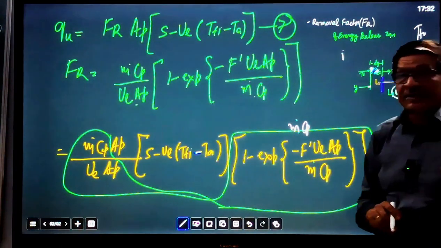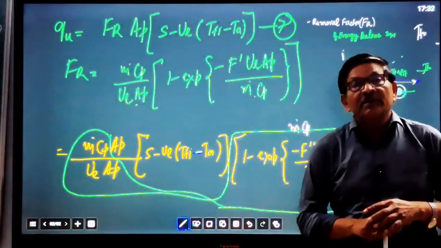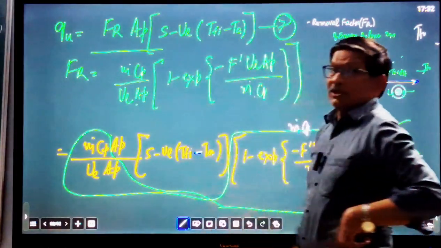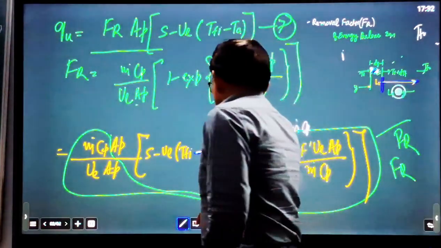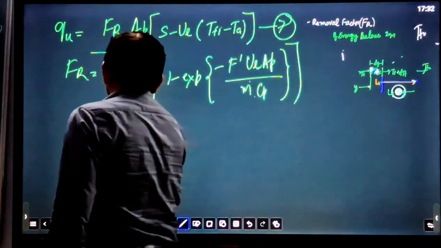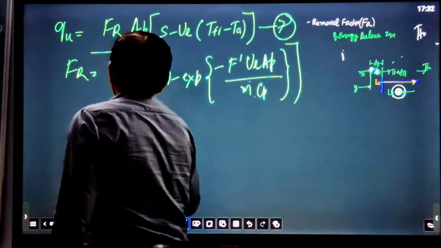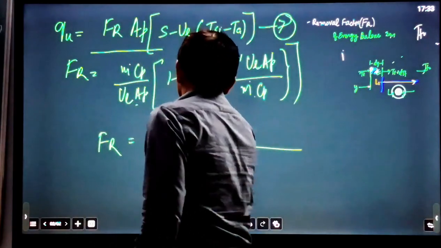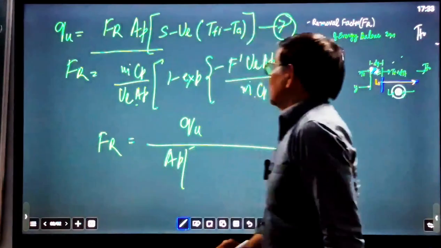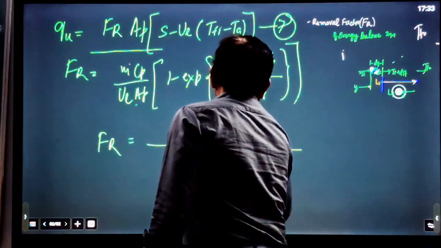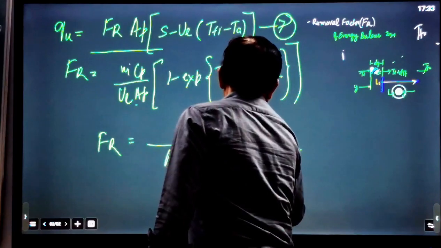But what is the physical significance of the collector heat removal factor? Using this equation you can define it very easily. Fr equals QU, the useful heat gain, upon AP, the area of the collector absorber plate, times S minus UL, TFI minus TA.